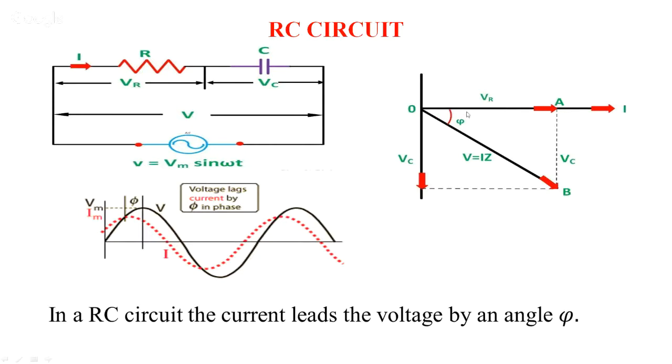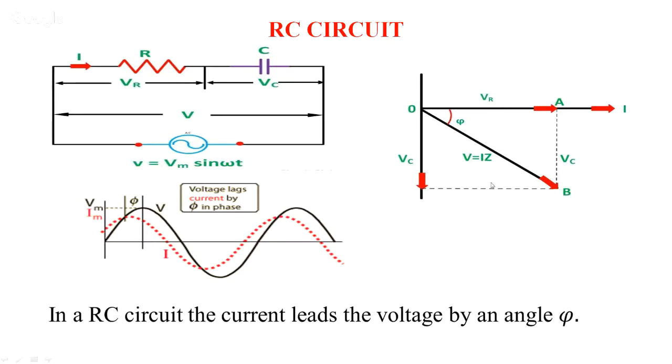You can see this. This is in case of a pure resistive circuit, where the current and the voltage are in phase. They are overlapping here. So no phase angle difference. And here, what you see is making an angle of 90 degrees with respect to the current. That is in case of a pure capacitive circuit. Since it is a combination, we have to take the resultant.